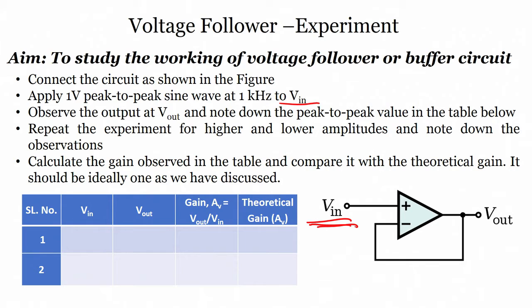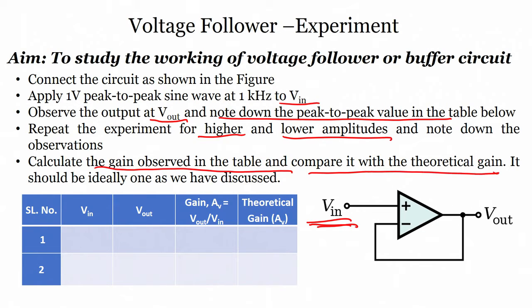Then observe the output V out and note down the peak to peak value in the table, right. Now, repeat the experiment for higher and lower amplitudes and note down the observations. Finally, calculate the gain observed in the table and compare it with the theoretical gain, right. So, this is what we have to do.